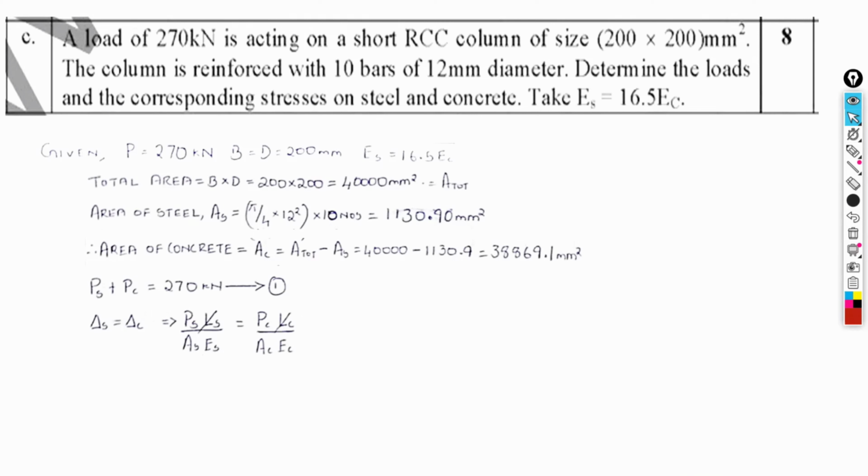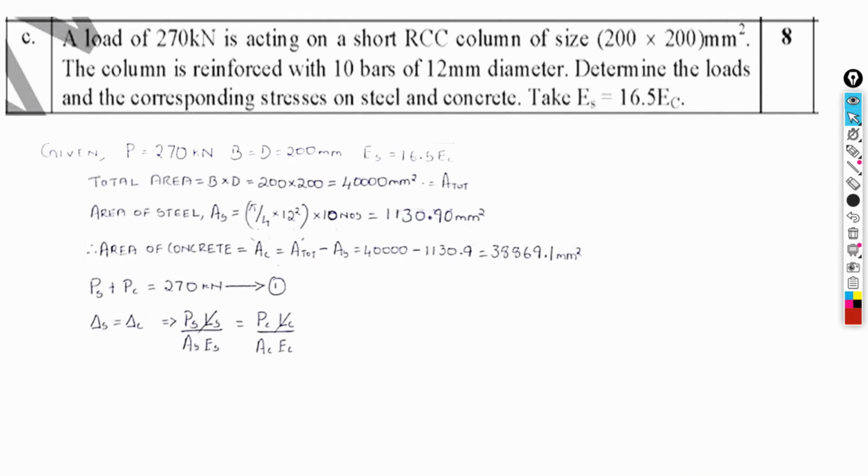Therefore, elongation in steel equals load on steel into length of steel reinforcement divided by area of steel reinforcement into Young's modulus of the steel. Then the elongation in concrete equals load on concrete into length of concrete element divided by area of concrete section into Young's modulus of concrete. Therefore, PS into LS divided by AS into ES equals PC into LC divided by AC into EC.